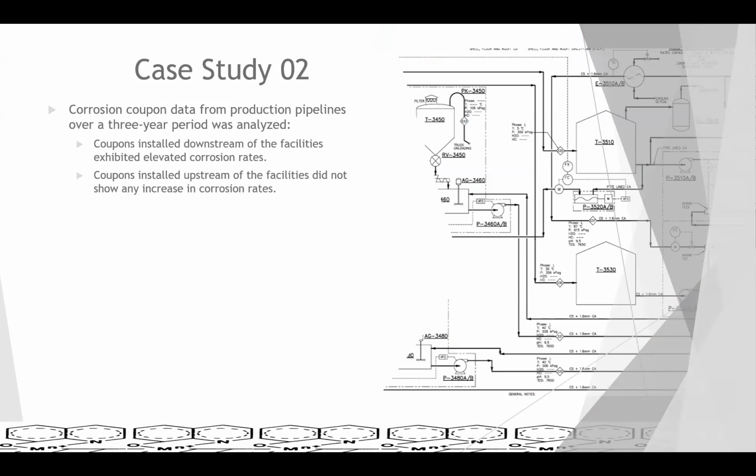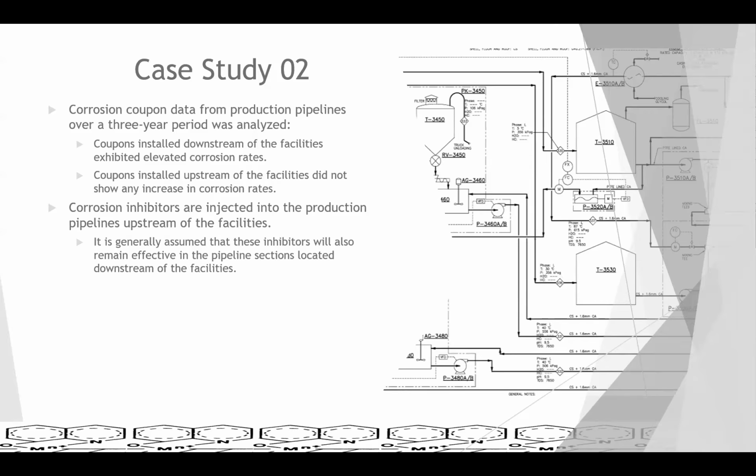So when I got the data, what I found was the coupons installed downstream of the facilities exhibited increased corrosion rates. However, coupons installed upstream of the facilities did not show any increase. They were kind of steady over a period of 3 years.